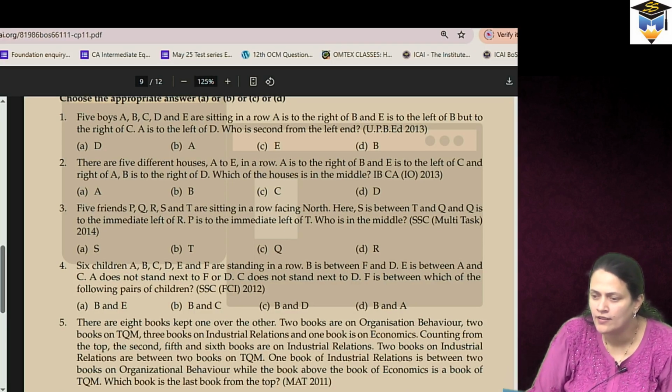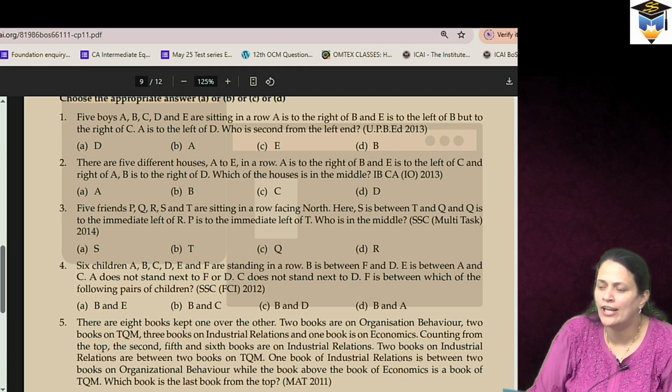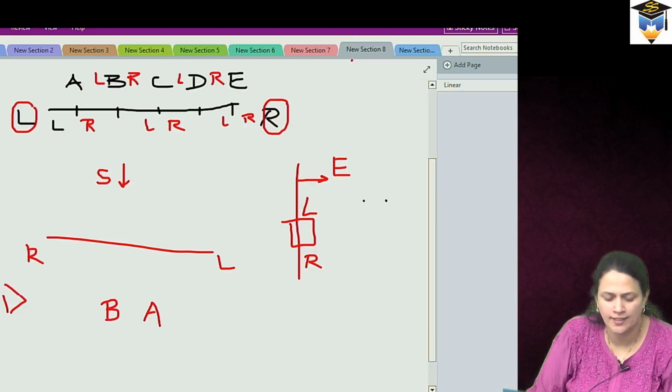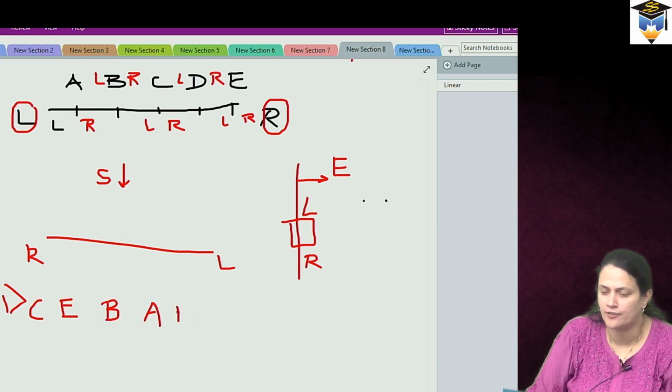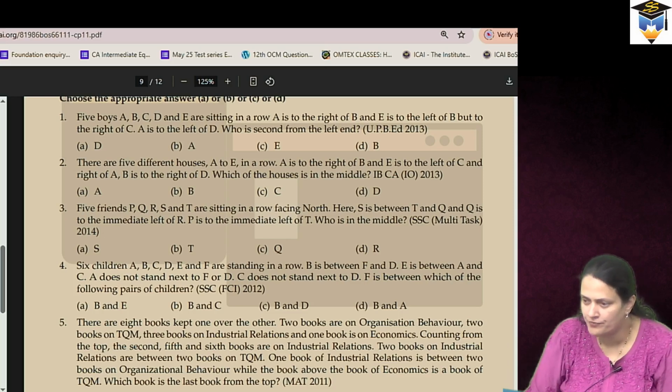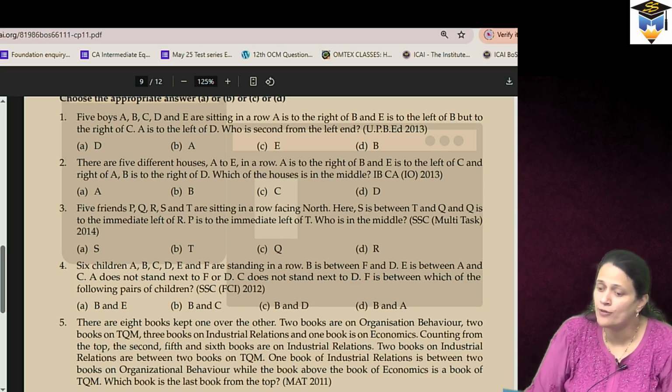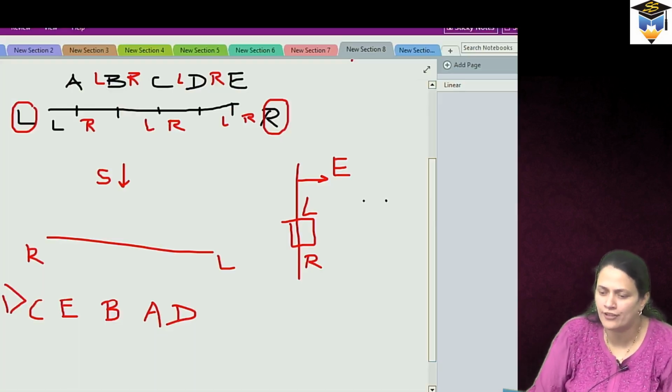Then E is to the left of B but to the right of C. So E is to the left of B means where is E sitting? But to the right of C. So C will be sitting over here. So A, B, C, D. So D will be sitting here. So now what is the question they have asked? Who is second from the left end? So now which will be your left end now?